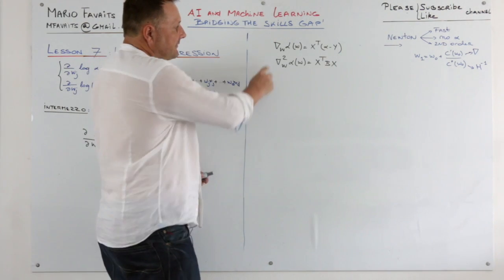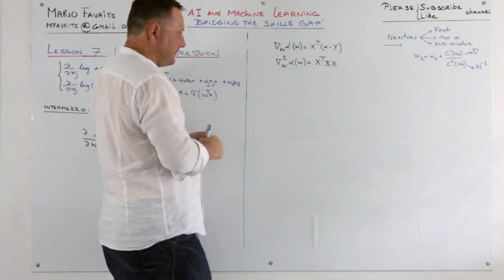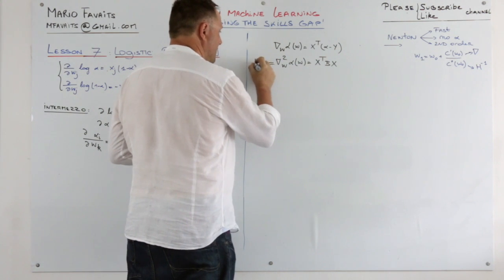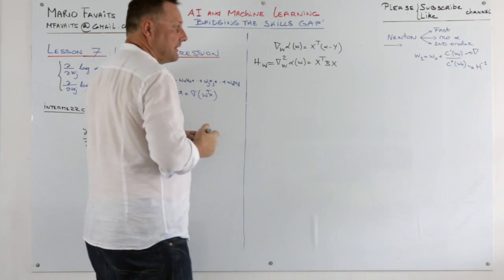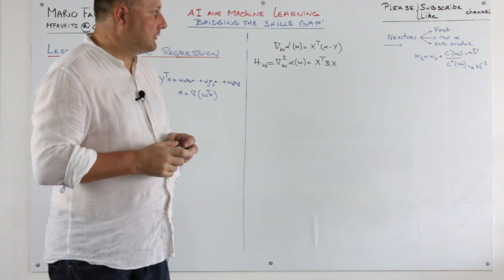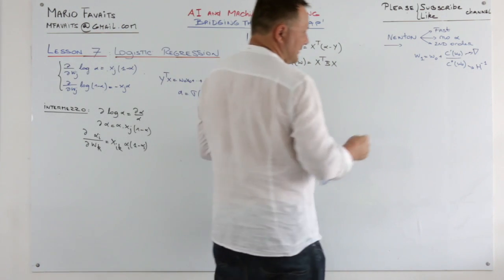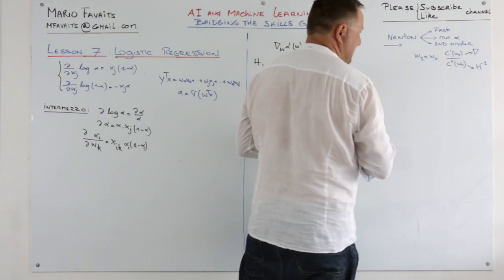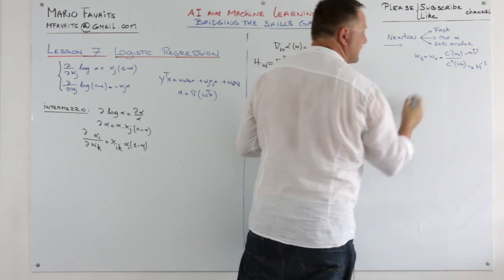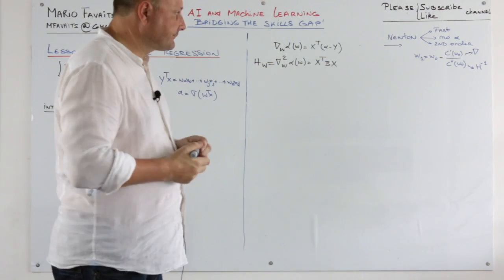Okay, so now we have the gradient and we have the Hessian with respect to W, and now we're going to apply Newton's method. Just for your information, this should be a minus. Sorry about that.